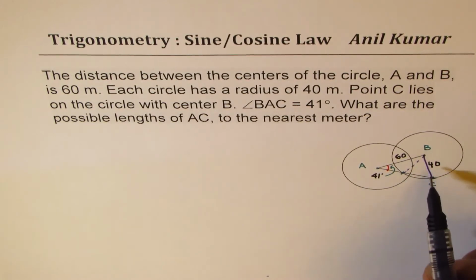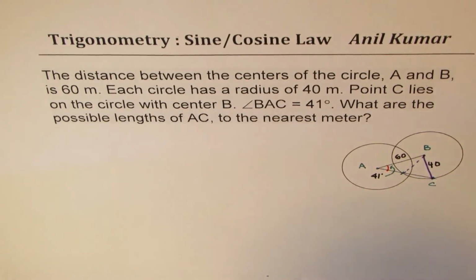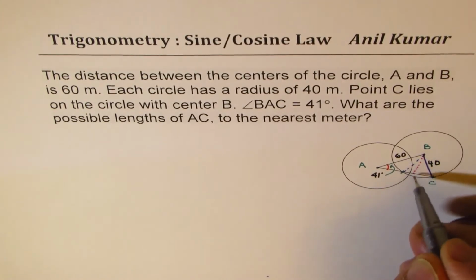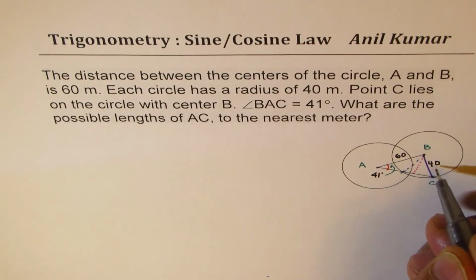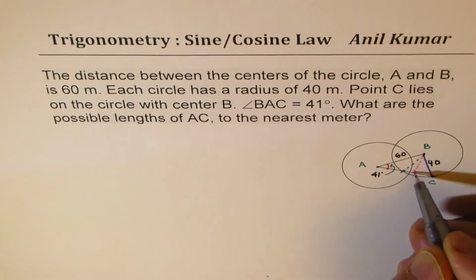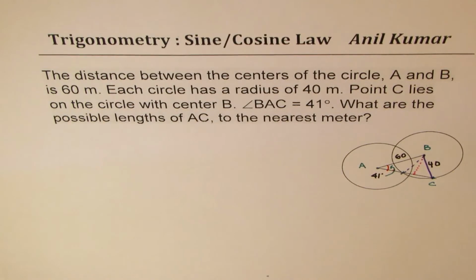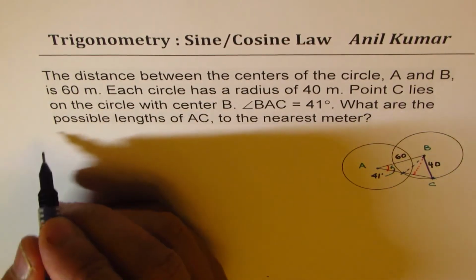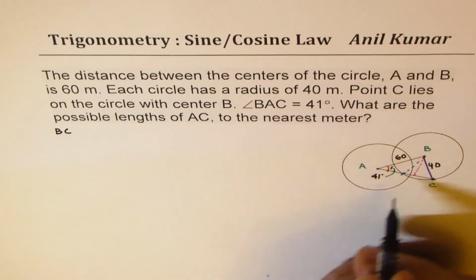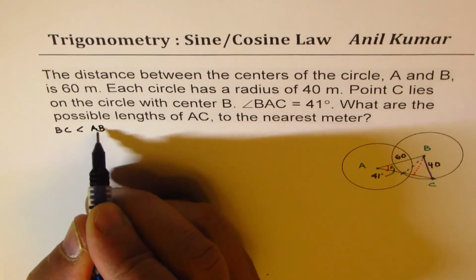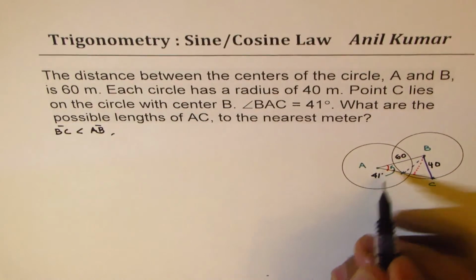So what we should do first is see if the perpendicular distance is less than 40 or not. This perpendicular distance will be 60 sine of 41, correct? Let's compare. What we know here is that BC is less than AB, and it's an acute angle.